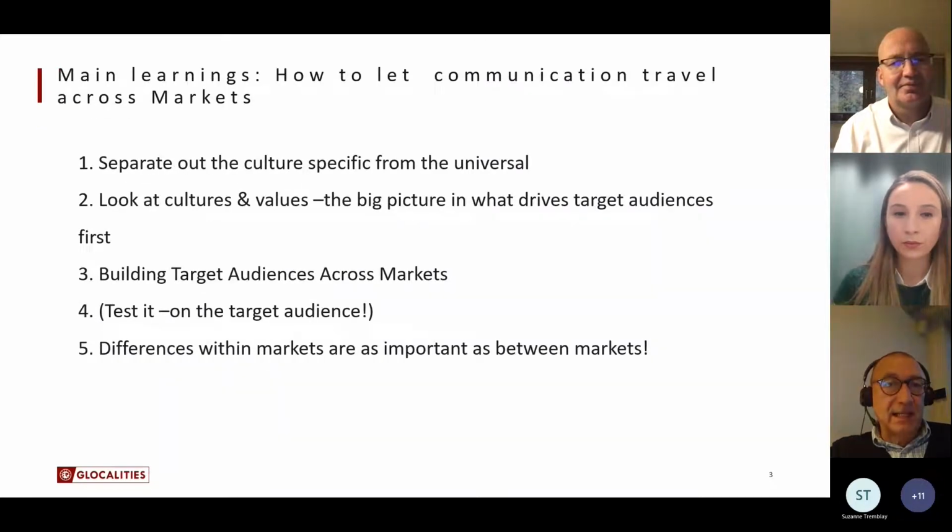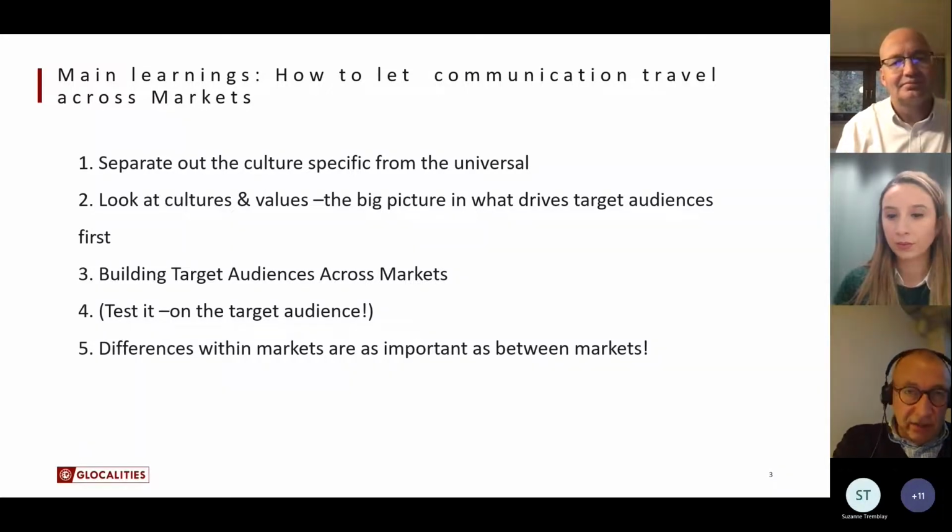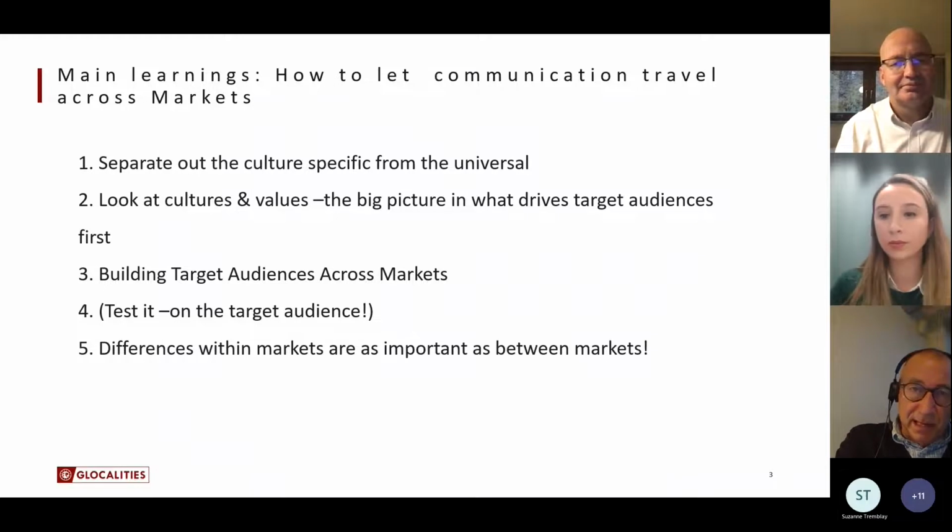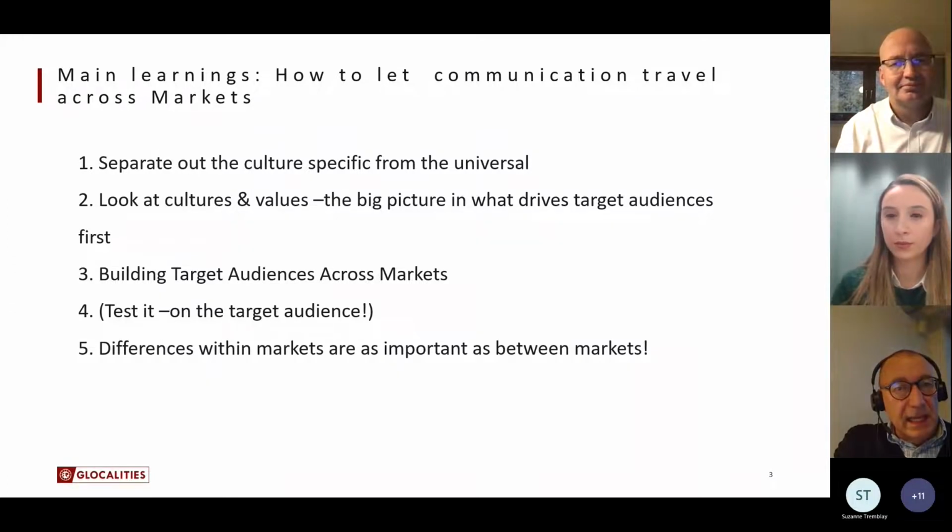So that's it. We are happy if at the end we will have taught you 5 things. First, that it's important to separate out the cultural specific norms, values and elements from the universal. Martin will go in later on deeper into universal trends and how important they are compared to cross-cultural differences.